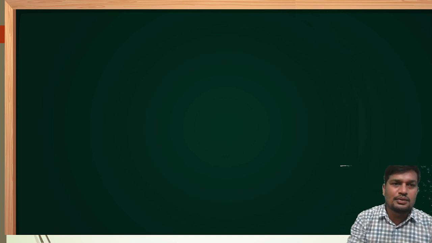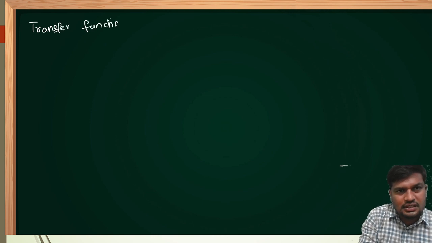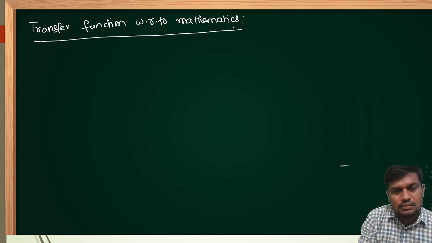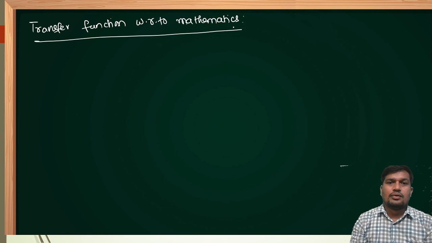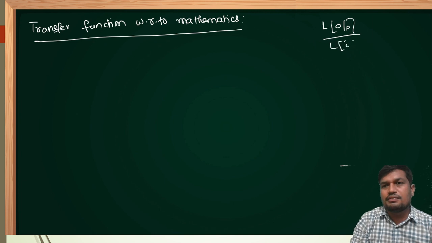Now let us move to transfer function with respect to mathematics. Transfer function calculations with respect to mathematics. Already we know the transfer function definition is the ratio of the Laplace of output to the Laplace of input by assuming initial conditions are 0.